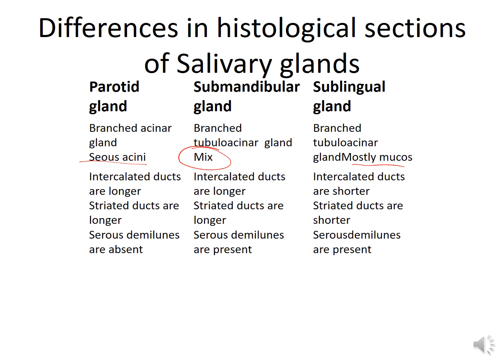Intercalated ducts are longer in the parotid gland and in the submandibular gland, because of the serous secretions, there has to be a change in the secretion, and intercalated ducts are shorter in the sublingual gland because the secretion is mostly mucus. Striated ducts are longer in the parotid and submandibular glands, while striated ducts are shorter in the sublingual gland. Serous demilunes are absent in the parotid gland, while serous demilunes are present in the submandibular as well as in the sublingual glands.